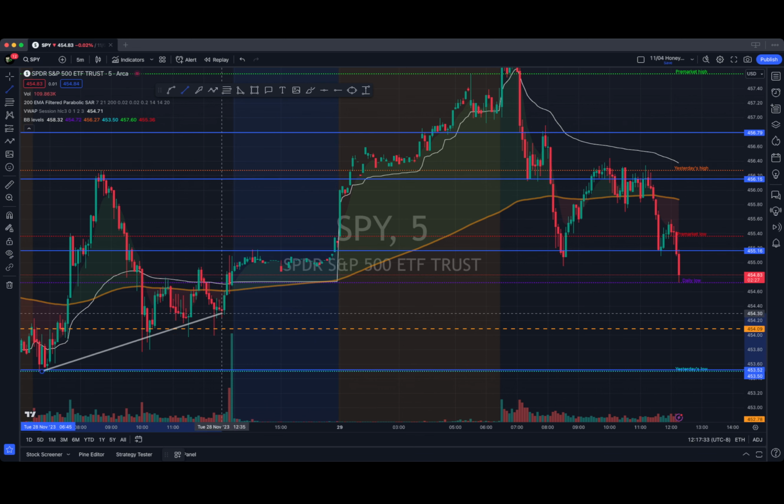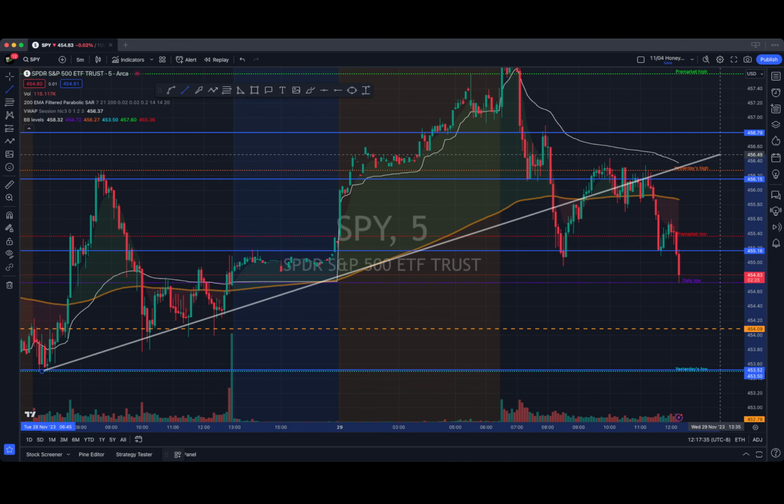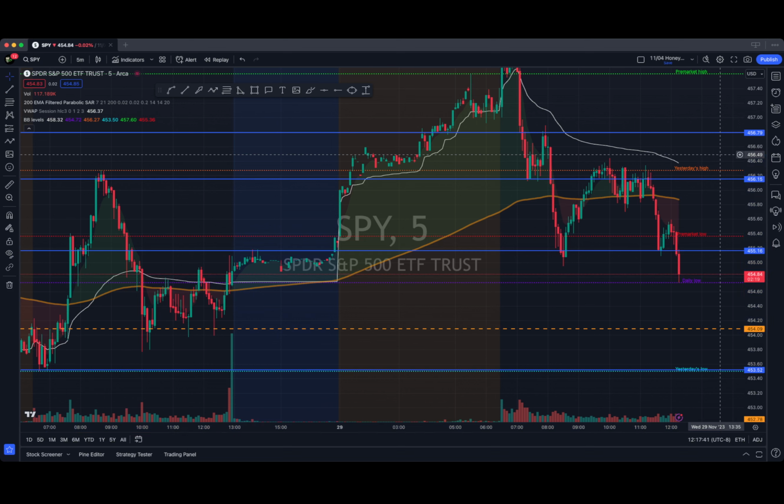Look at this trend line from yesterday. Did that matter today? It's kind of where SPY lost it, but I wouldn't say it really mattered. All right, you want to take out closing print from yesterday? Right here is what it lost. This would be my stop loss if I were in. 455 basically.